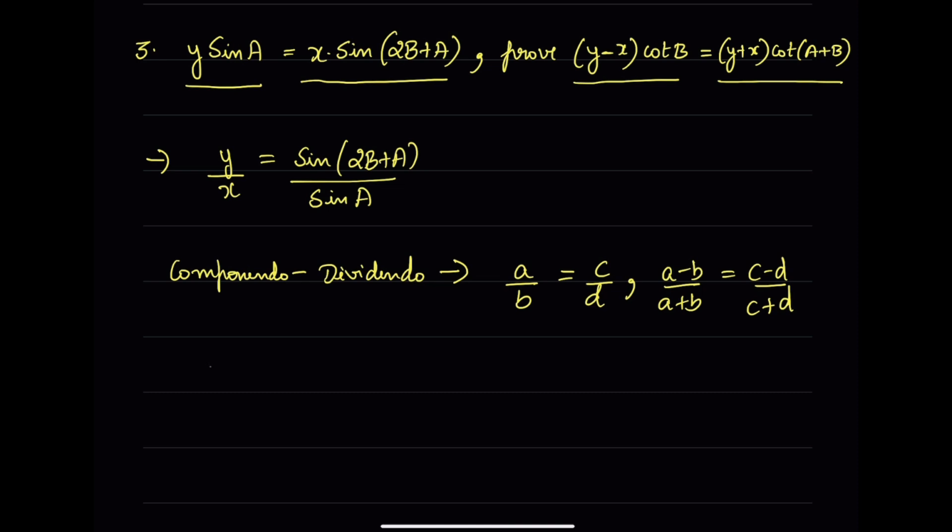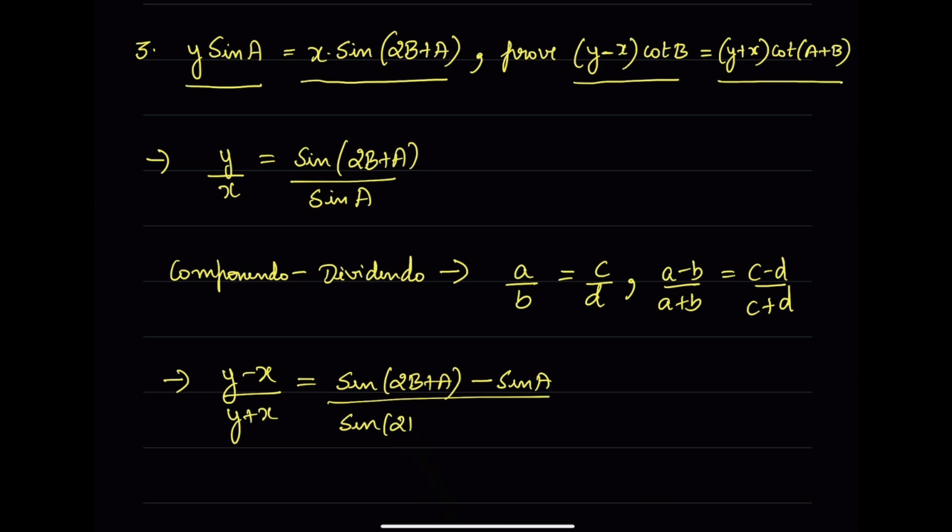So the question would change to y minus x by y plus x is equal to sine of 2b plus a minus sine a divided by sine of 2b plus a plus sine a.